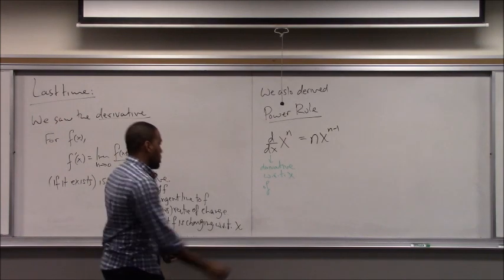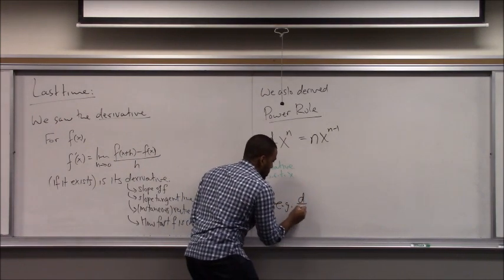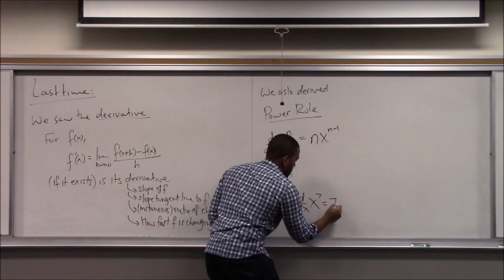This was called the power rule. So for example, if I wanted to find the derivative of x to the 7th, that is 7x to the 6th.